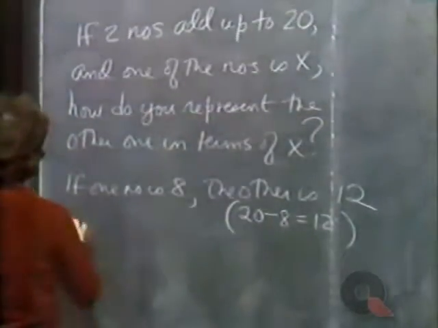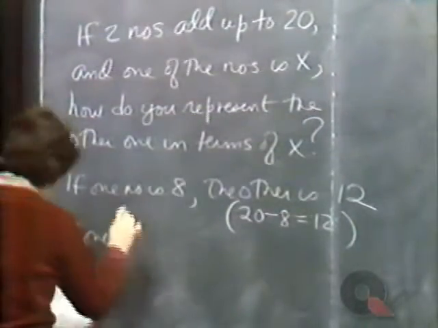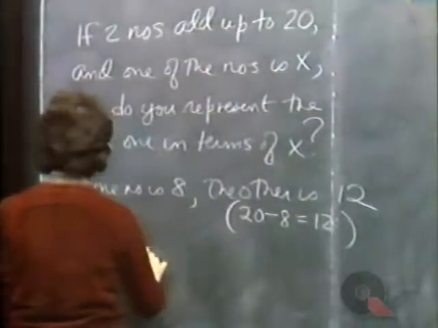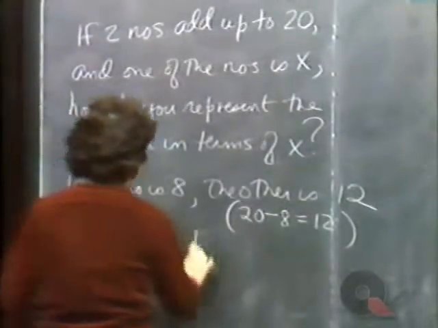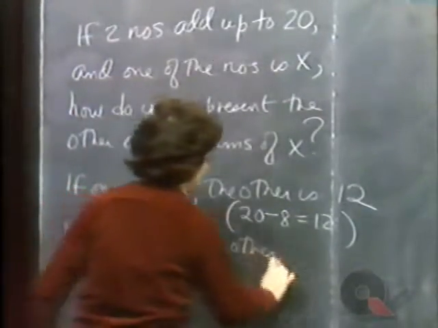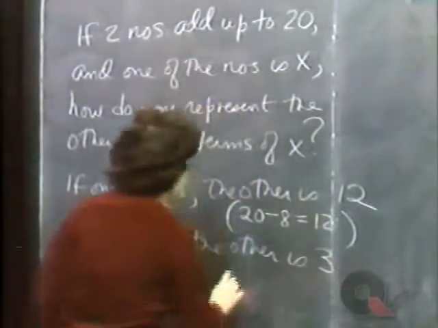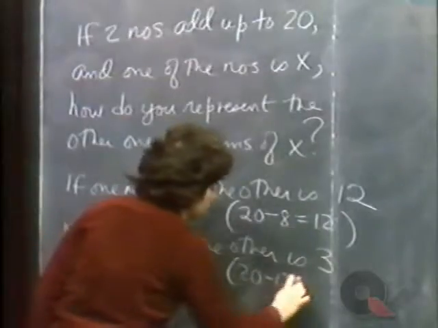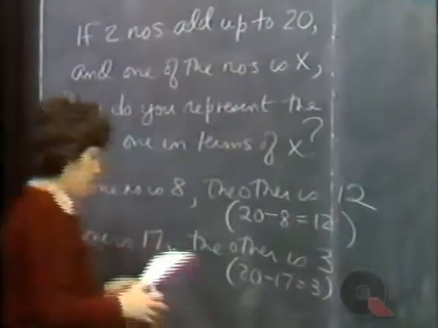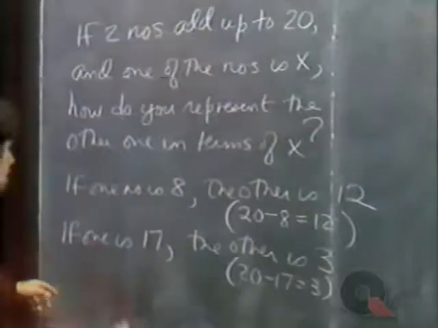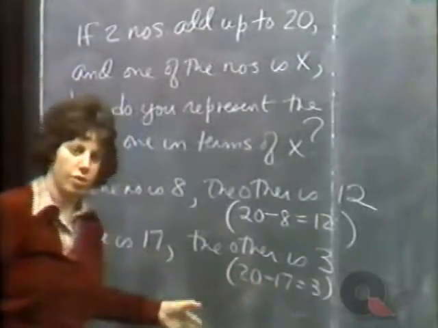On the other hand, if one is 17, the other is 3. Since 20 minus 17 is 3. Okay, the idea being you want to find out what's left over.